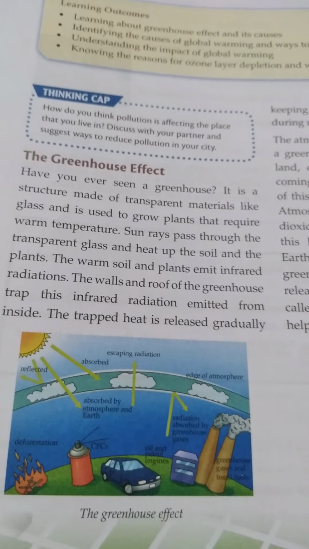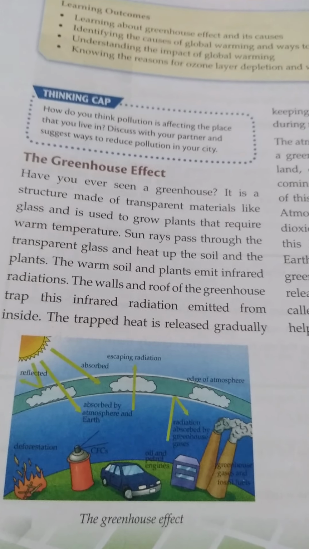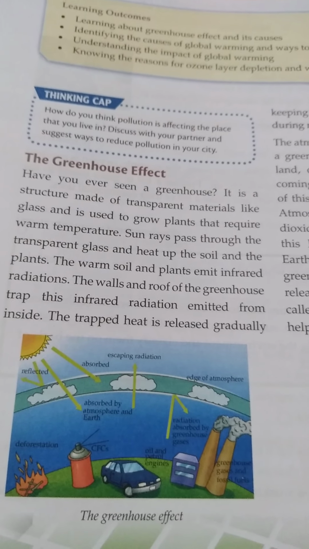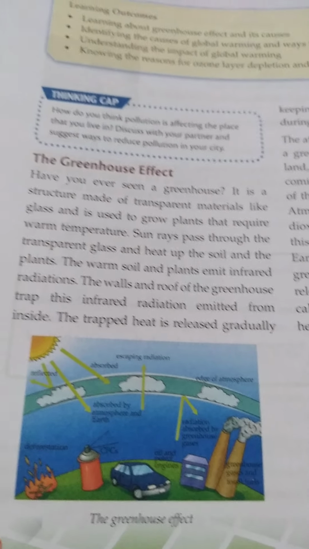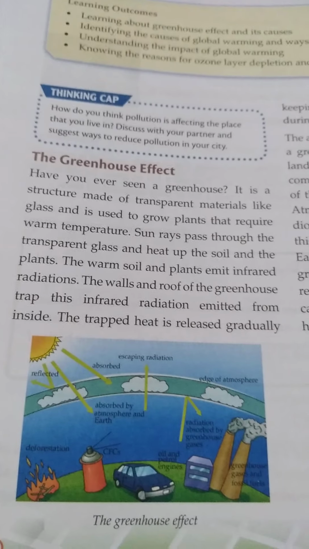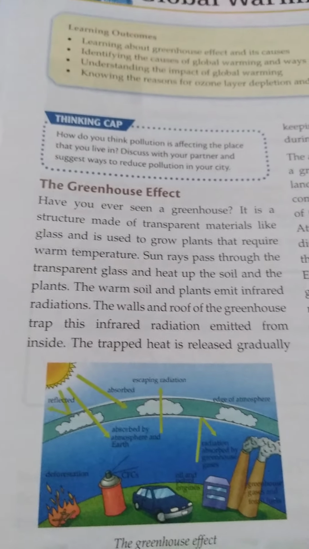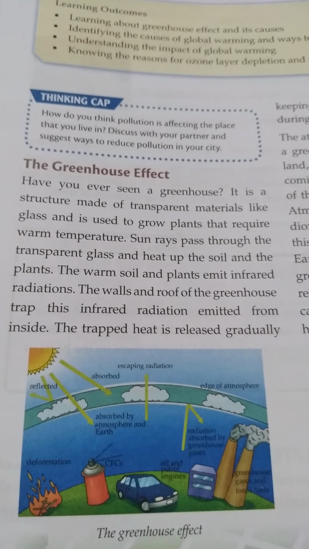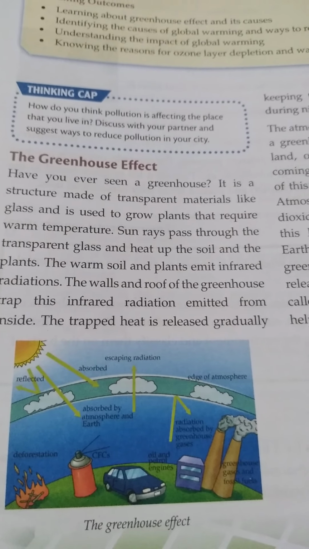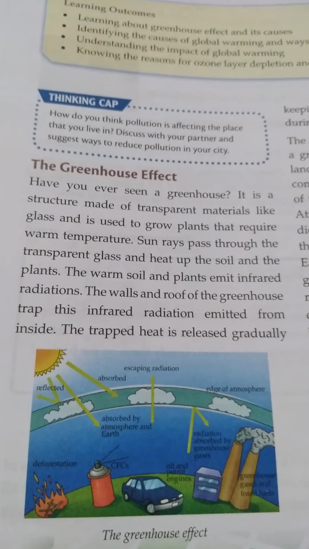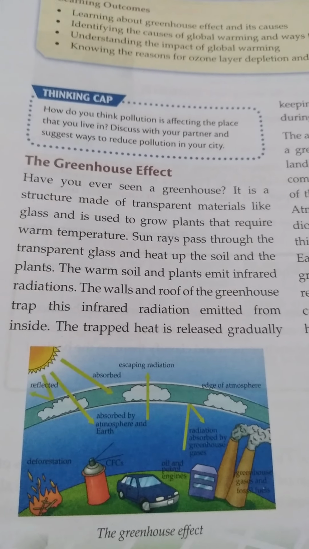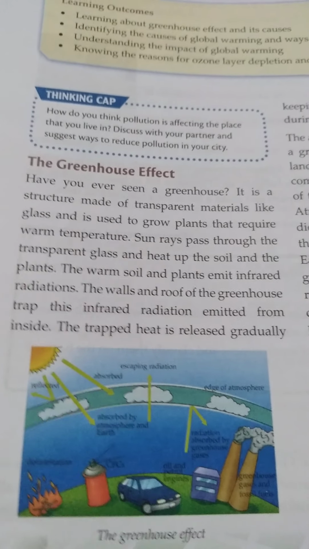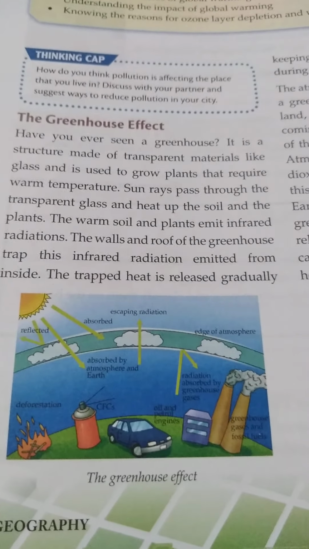Infrared radiation is electromagnetic radiation that is not visible with our own eye. It moves in the atmosphere, and due to that infrared radiation, the soil becomes warm and it is heated.